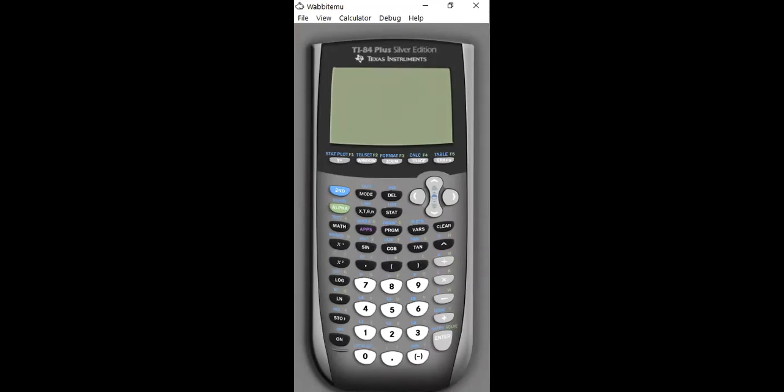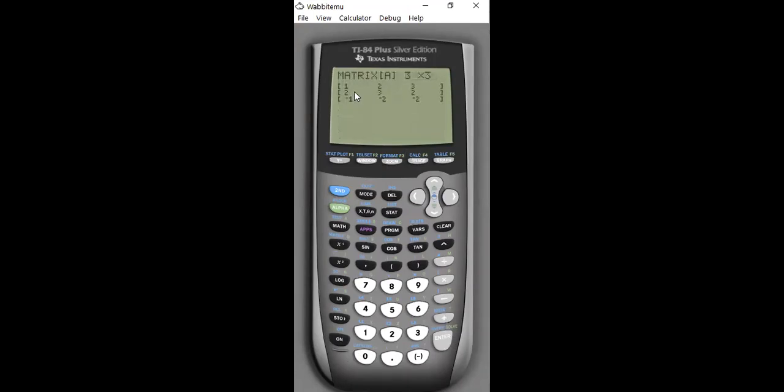Now on the calculator, like I said, the first thing you need to do is create the matrices. I go to second, matrix. You create matrix A as a 3 by 3, and B, your constants matrix, as a 3 by 1.